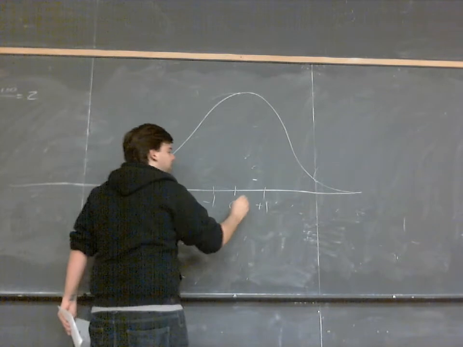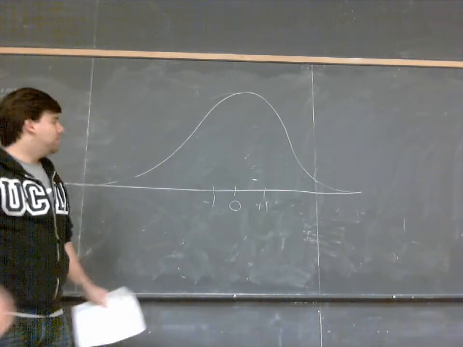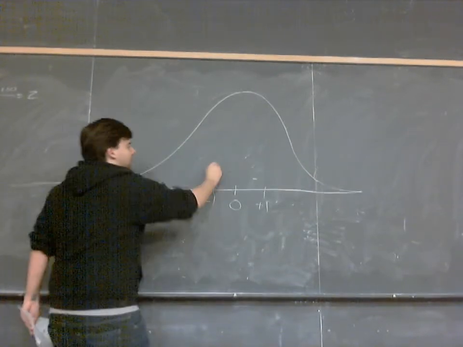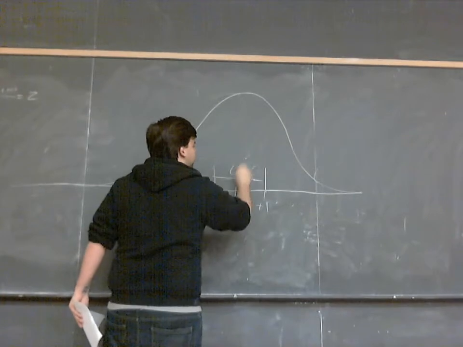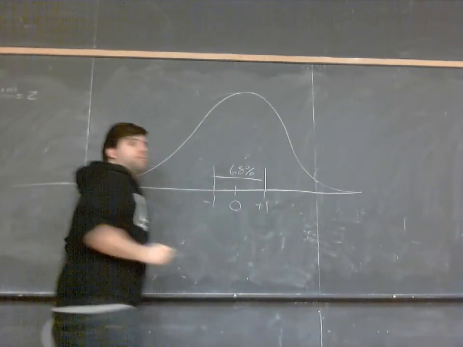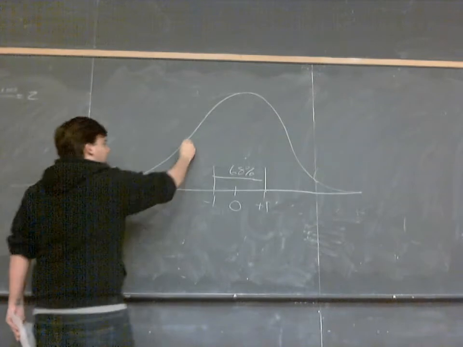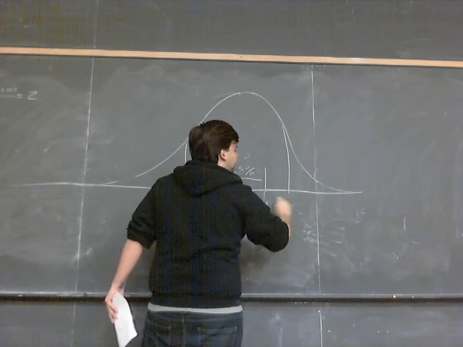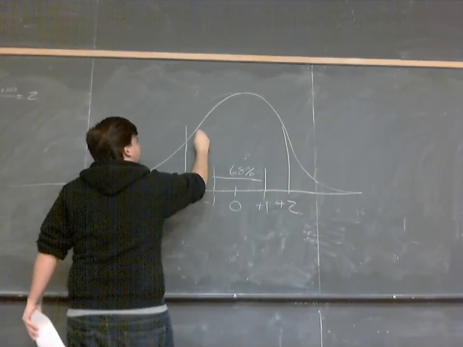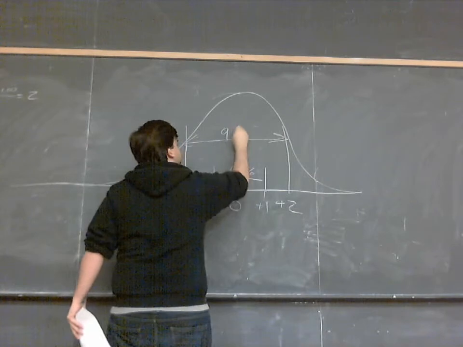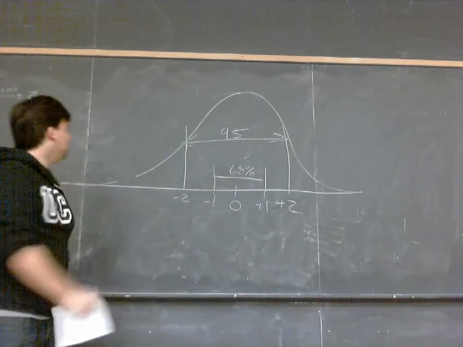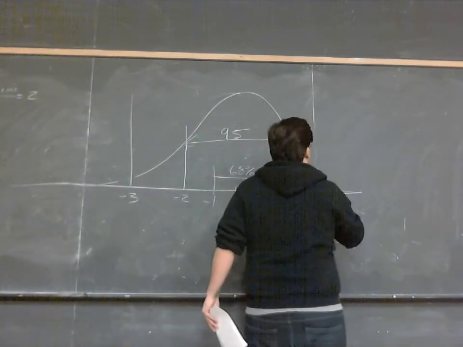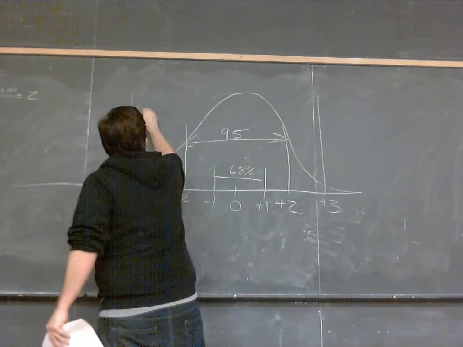No matter what that mean is, the mean is always 0 away from itself. 1 standard deviation below the mean, 1 standard deviation above the mean. In that range, I have 68% of my data. And the range from -2, so 2 standard deviations below the mean, to 2 standard deviations above the mean, I have 95% of the data. And from -3 to +3, I have virtually all of it, 99.7.